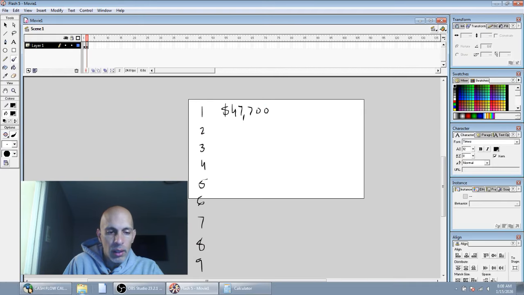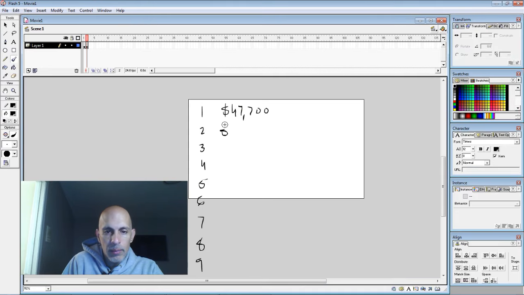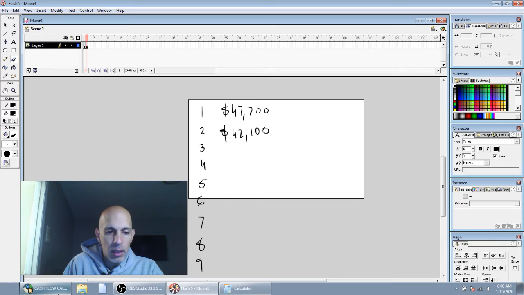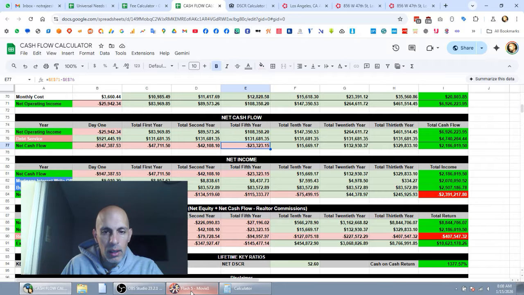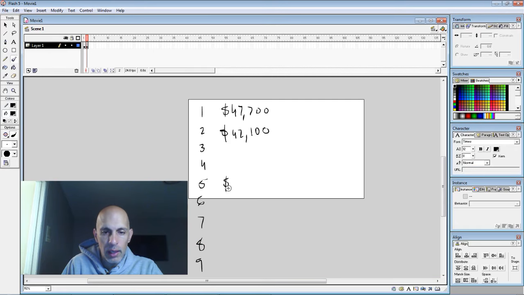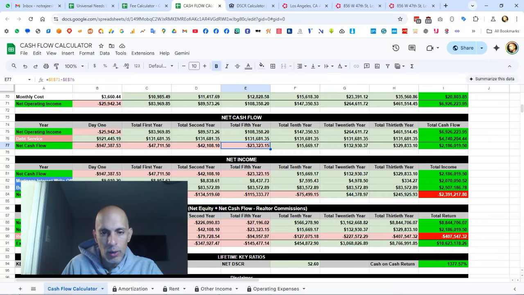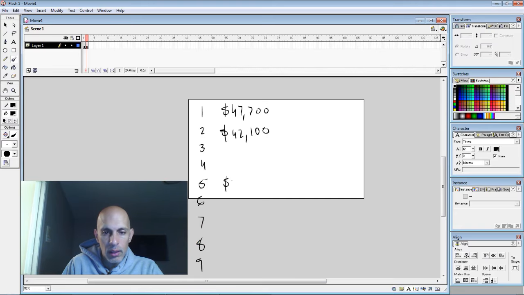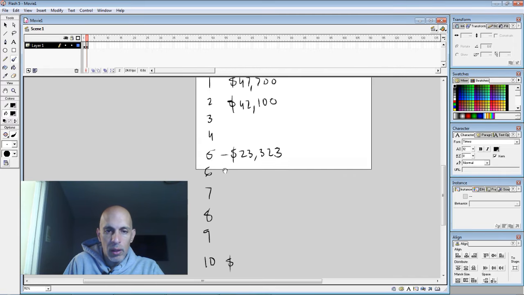So we're at 47,700 roughly. Year 2 is 42,100. And these are logarithmic, meaning it's not going at a steady rate, but we can pretty much guess what's going to happen between it, right? 323, and then year 10, these are all negatives.